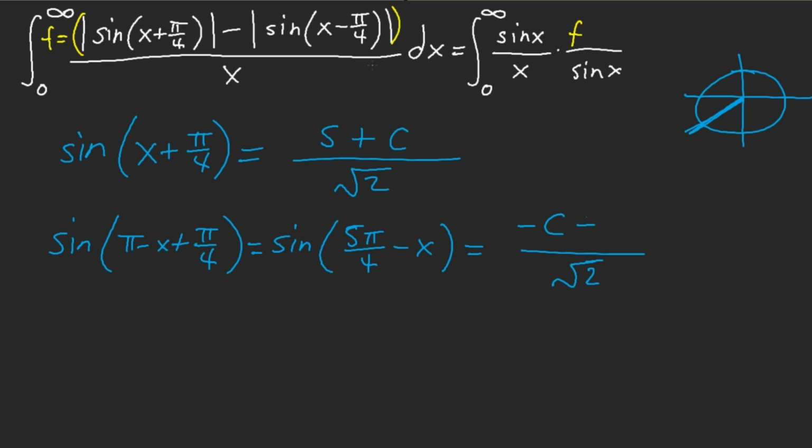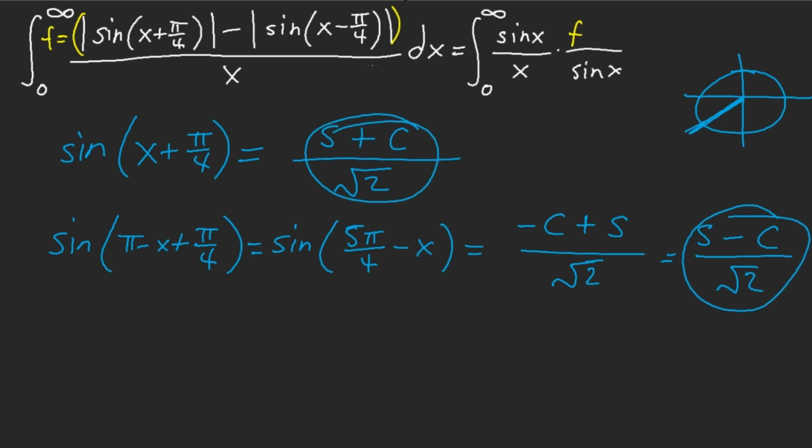So that cancels out this negative, and then sine of x. So we have sine minus cosine over root 2. This and this are not the same. Therefore, this function is not periodic.